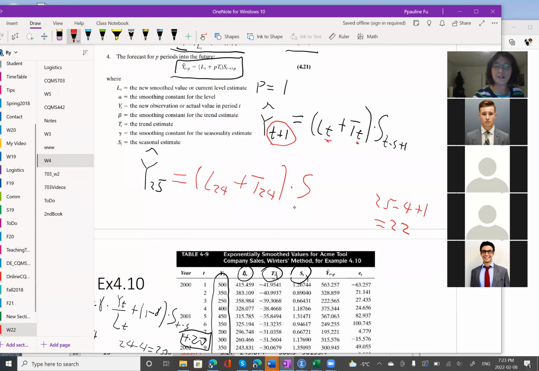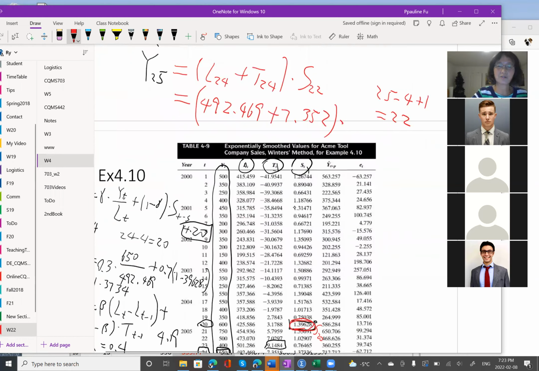Okay, times S22. This is how you make forecast. And we know the L24, we just calculated L24. So just plug in L24, 492.469. T24 is 7.352, and then times S22.